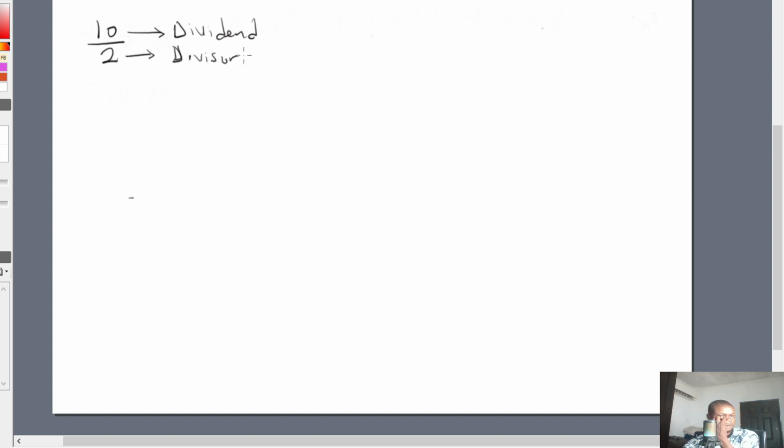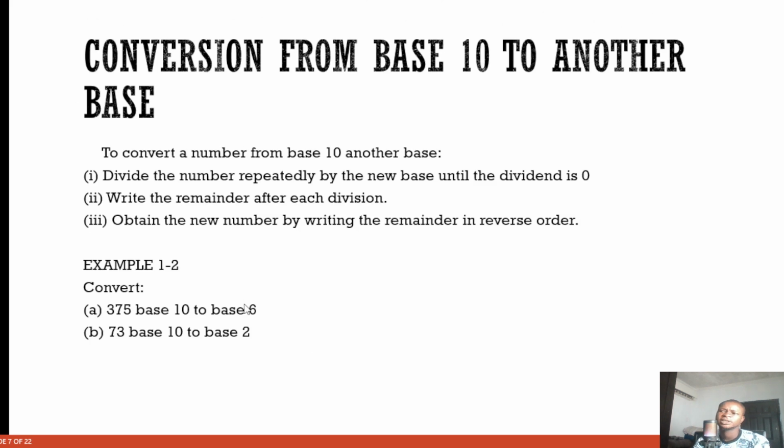So the dividend is what we want to divide, and what we are using to divide is what we call the divisor. Let's quickly get back to what we are talking about here.